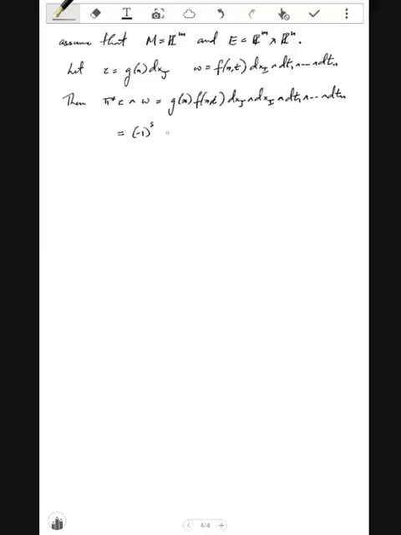Otherwise it is -1 to the s g of x f of x t dx_1 wedge ... dx_m wedge dt_1 wedge ... dt_n, and then integral pi upper star tau wedge omega is equal to -1 to the s integral over R^m cross R^n.